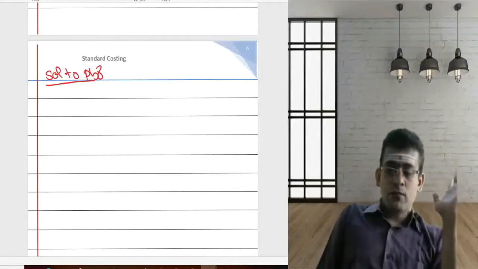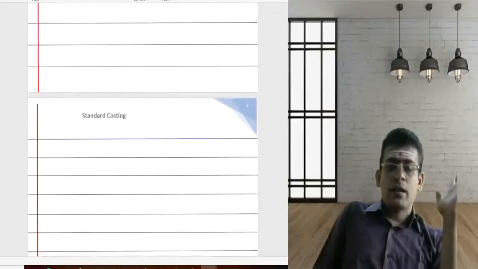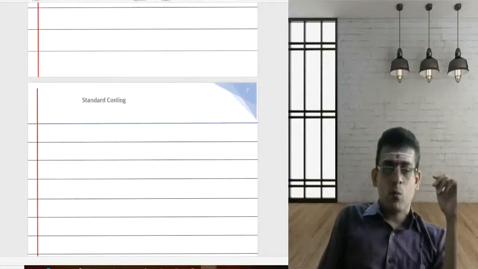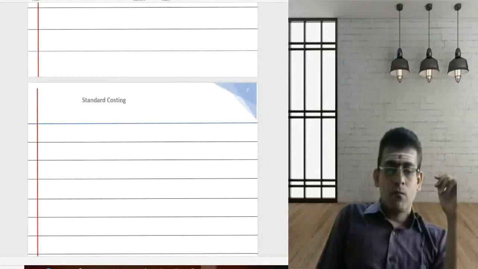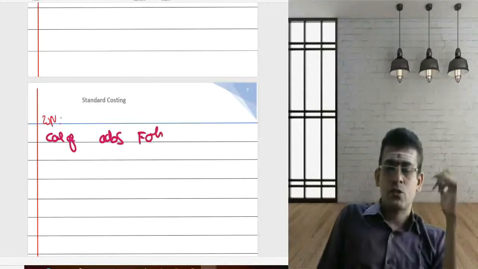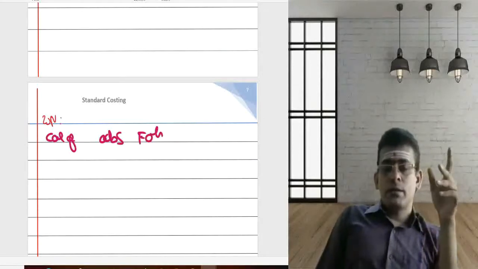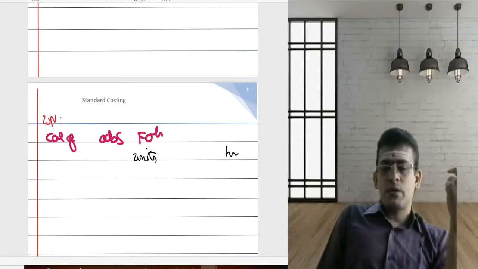So first of all you prepare a statement for calculation. Then I require one more thing: working notes. Let us put a heading of working notes here. In the first one, we are doing the calculation of absorbed fixed overheads. For the time being, let us calculate this based on units and also based on hours.